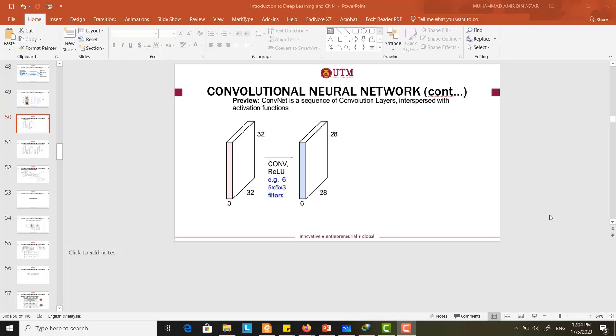Okay, now let's discuss in more detail what the convolutional operation is. For those who have already taken biomedical signal processing as well as biomedical image processing, you should be familiar with it, because CNN is very close to those who are experts in image or signal processing.